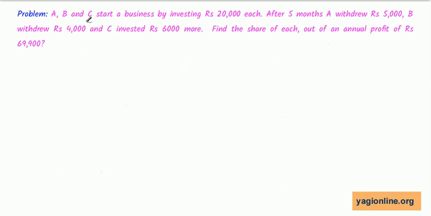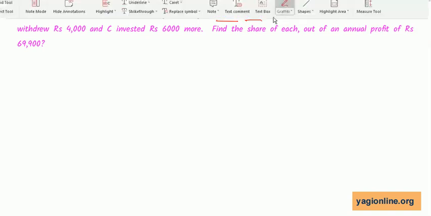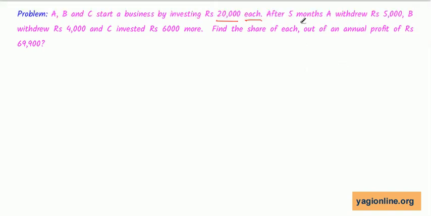Here A, B and C start a business by investing rupees 20,000 each. So each one of them is investing rupees 20,000. What happens? After 5 months, A withdrew rupees 5,000, B withdrew rupees 4,000 and C invested rupees 6,000 more. So here you see time is given.